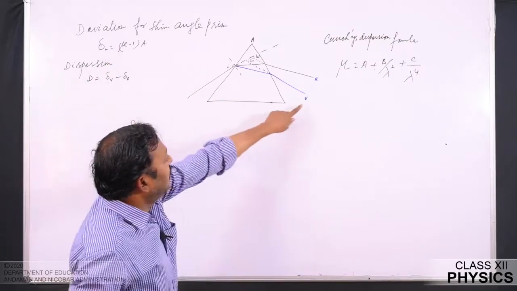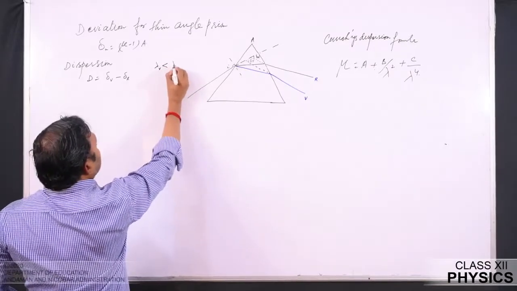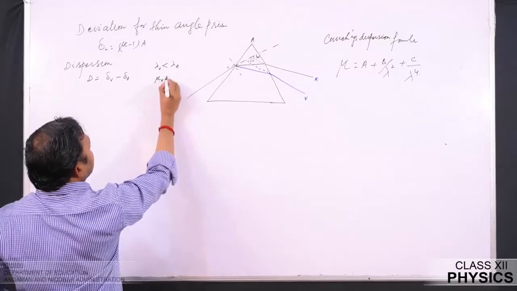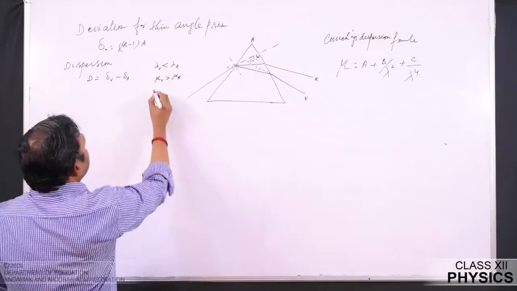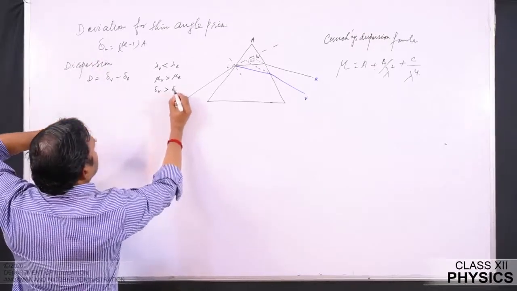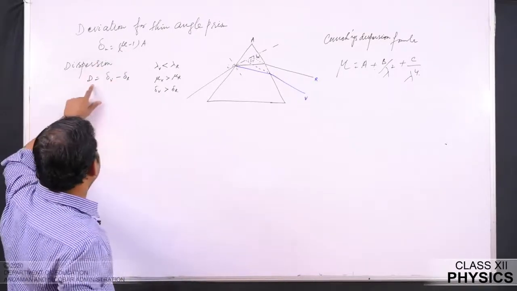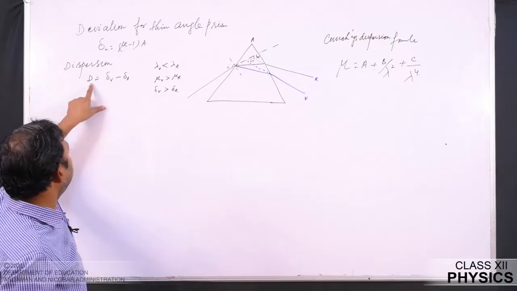We know that lambda V is less than lambda R, therefore, the refractive index for violet light is greater than the refractive index of red light. Accordingly, the deviation angle for violet light is greater than the deviation angle for red light, because it depends upon the refractive index.